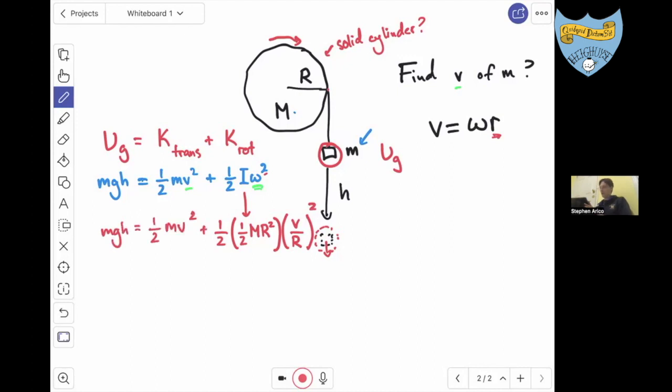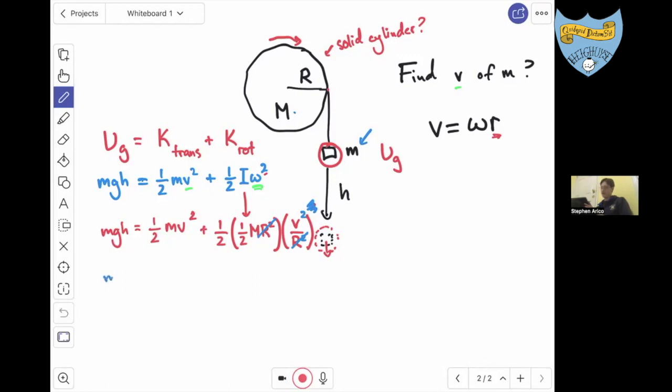Okay, so now things happen. This last part with the v over r and then that getting squared means effectively it's 2v squared over r squared. So you should notice, oh my goodness, the radius of the pulley cancels out. Great, it cancels.